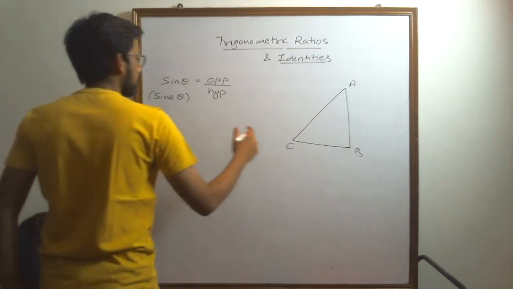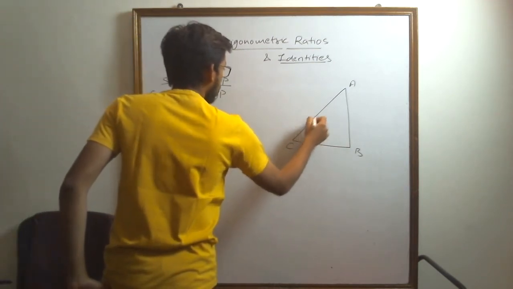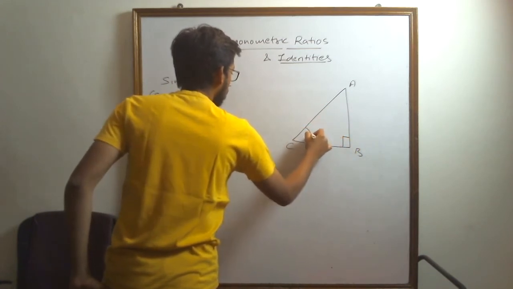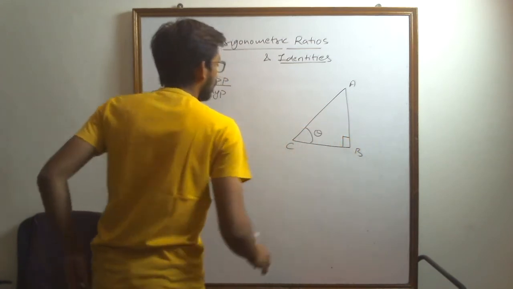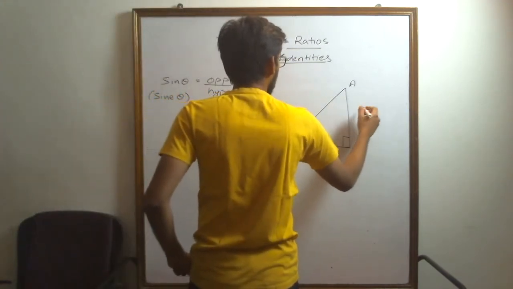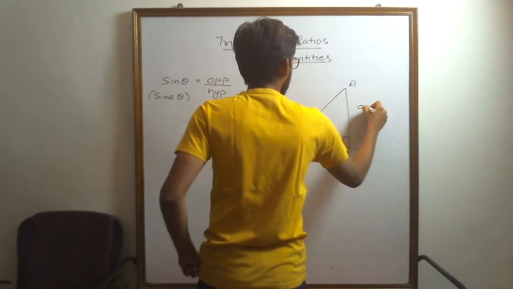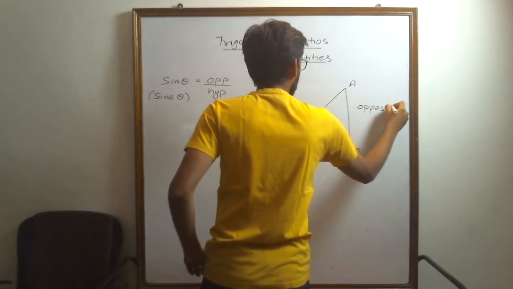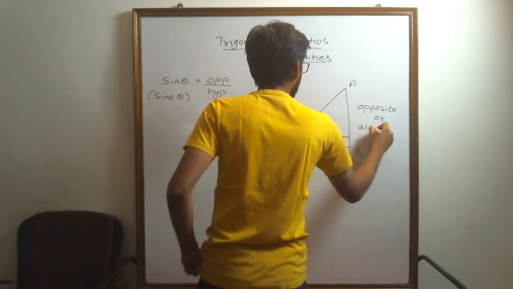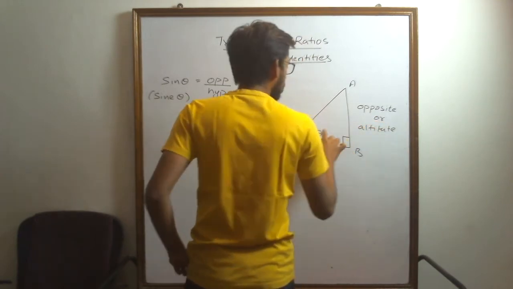Let's break it down and see what is happening. Suppose in this right angle triangle, of course this is 90 degrees, let this angle be theta. Now if this angle is theta, the side opposite this angle is known as the opposite or the altitude for this angle.